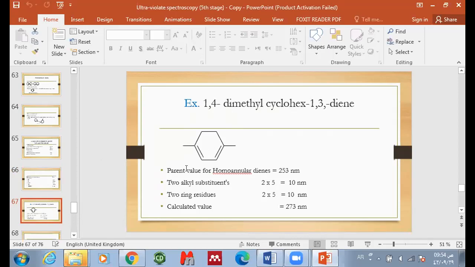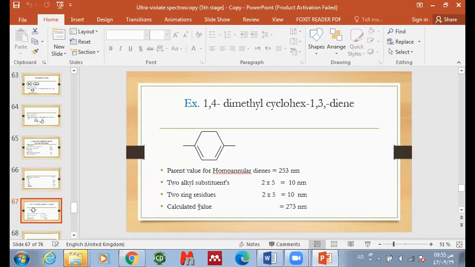The parent has 253 nanometer absorbance. When we add 2 alkyl groups here, the absorbance will increase by 10, because each one adds 5 to the molecule.